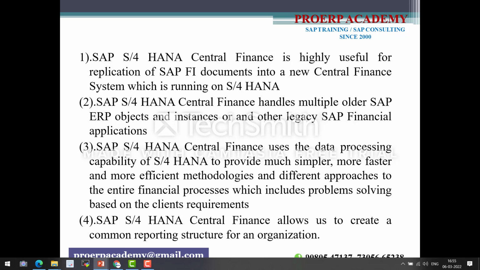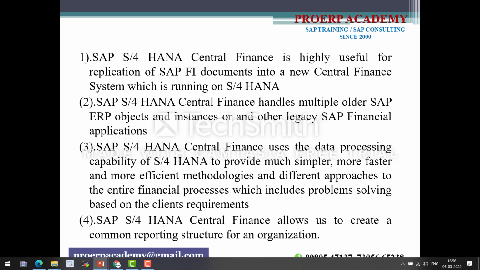The first and foremost important point is that we have to replicate all the important configurations we have implemented in both FI and CO successfully into our S/4HANA system.